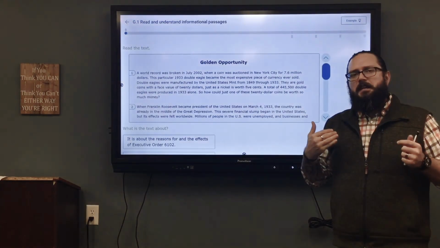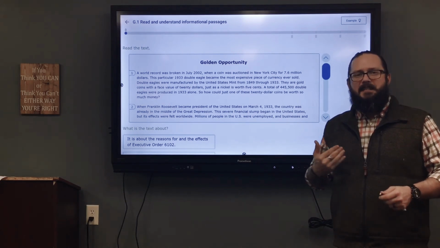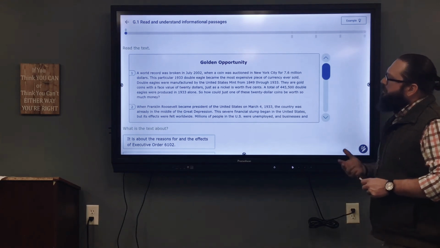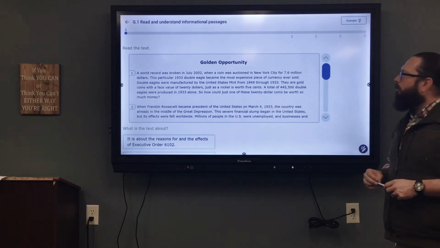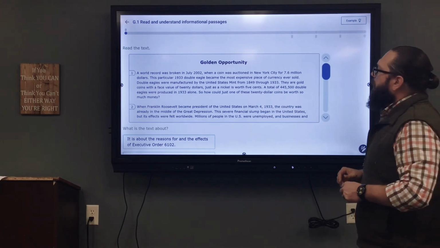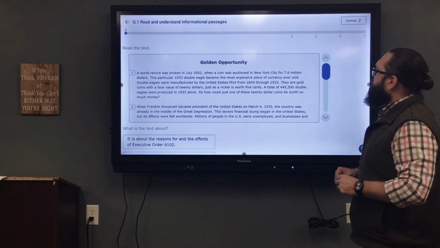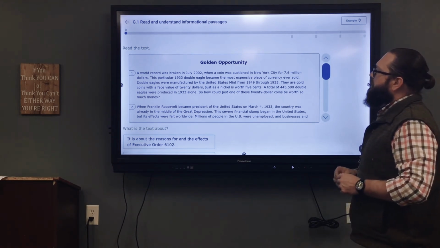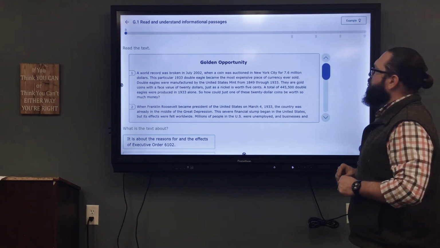We can also make connections in informational passages to determine what a text is about. Let's practice with this passage titled Golden Opportunity. A world record was broken in July 2002 when a coin was auctioned in New York City for $7.6 million. This particular 1933 double eagle became the most expensive piece of currency ever sold.